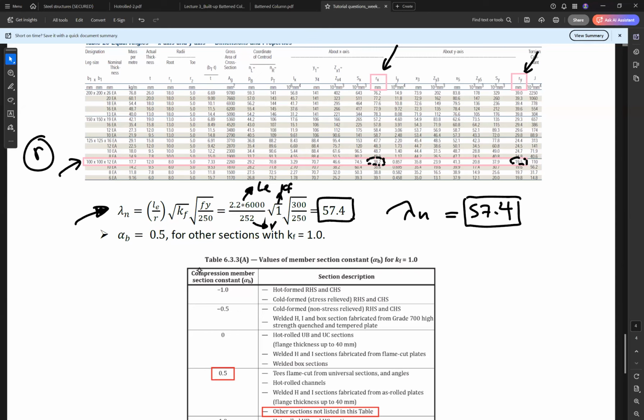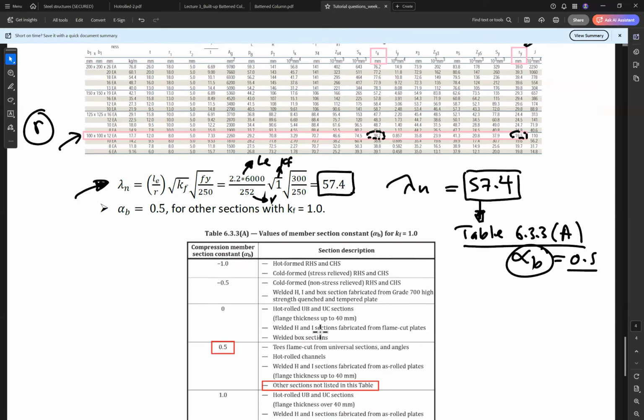So using this value, we can go to table 6.3.3a to find alpha b, because we also need alpha b. Alpha b from this table equals 0.5 because we don't have an equal angle here.